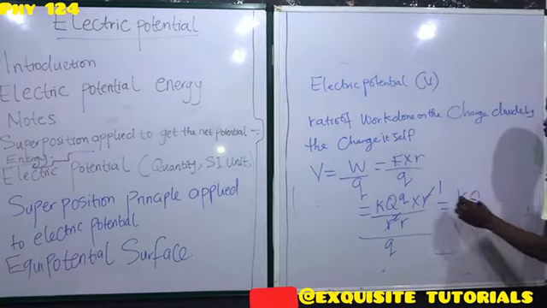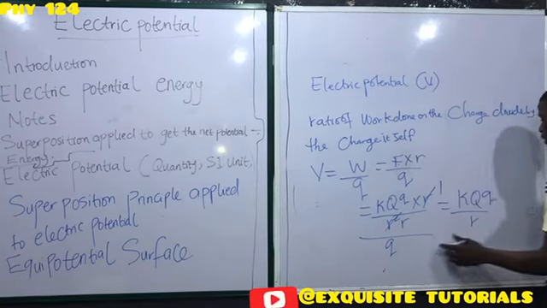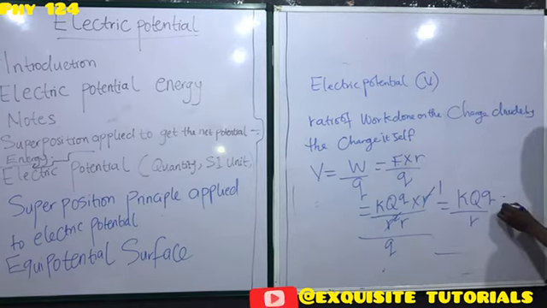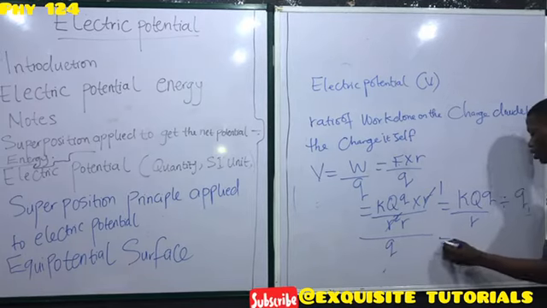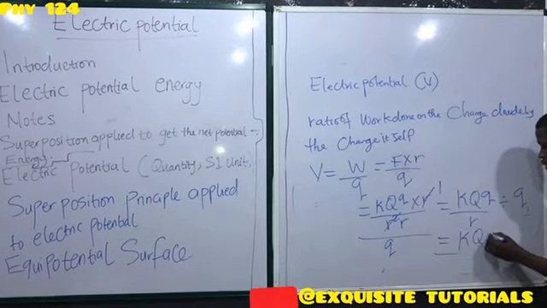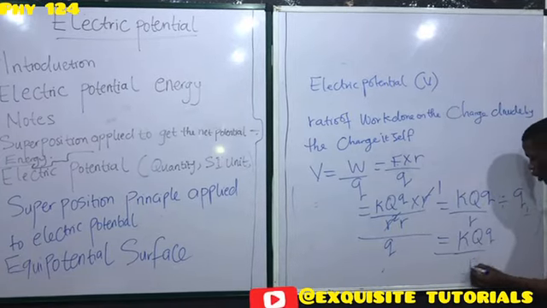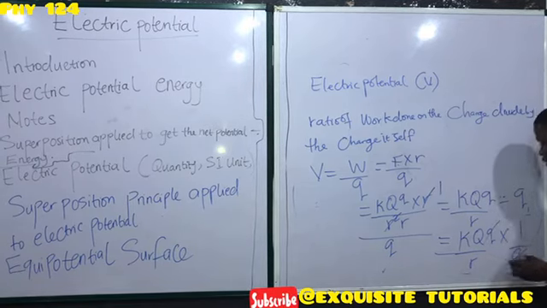So it will now be equal to kQq over r divided by the q. It can also be written in this form: kQ over r times 1 all over q. This one can cancel out this one.